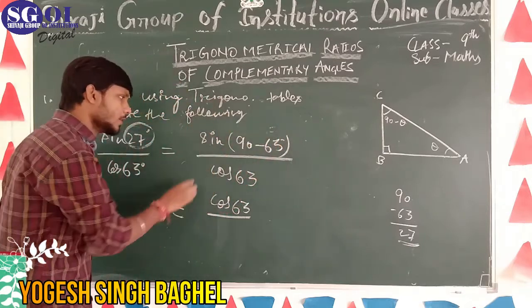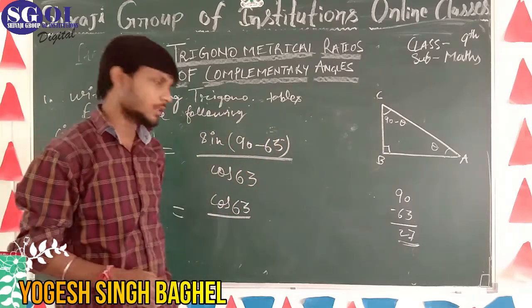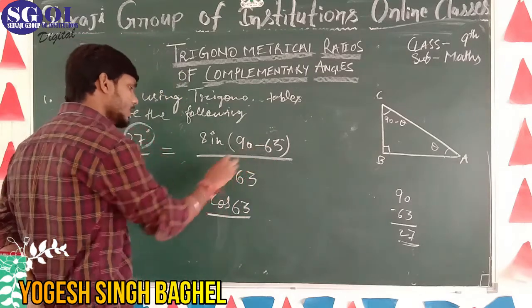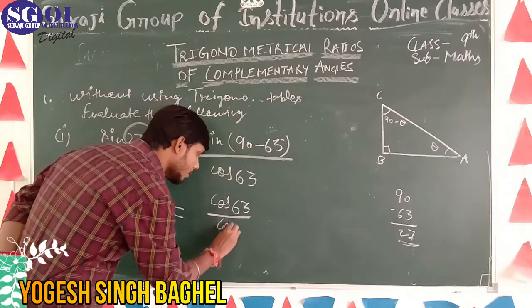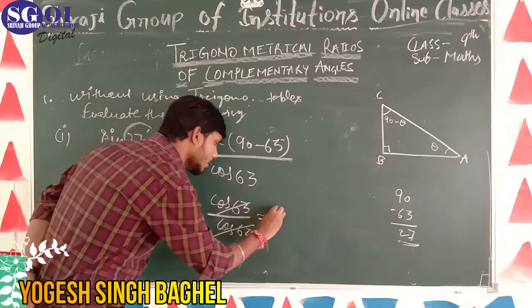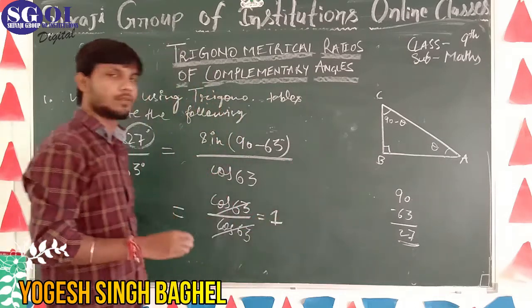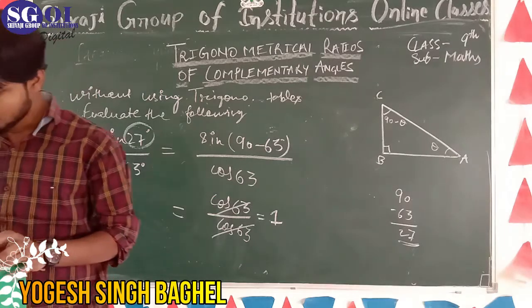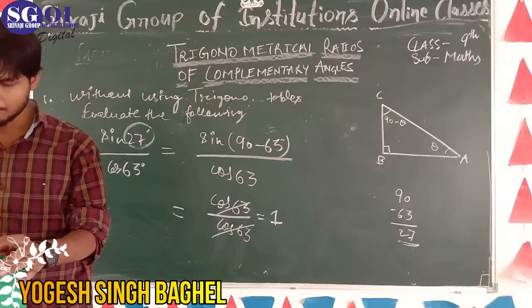So using the complementary relation, sin 90 minus theta is cos theta upon cos 63. When we divide it, the answer is 1. Okay, students? So the answer is 1.